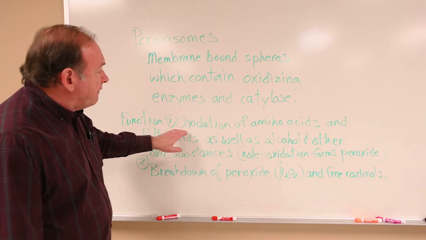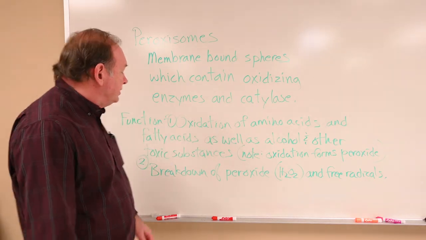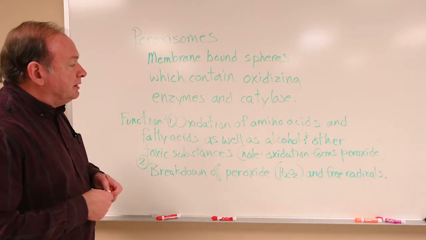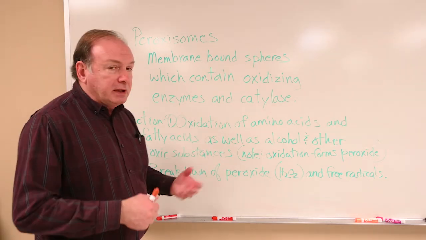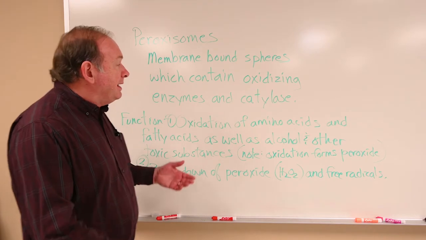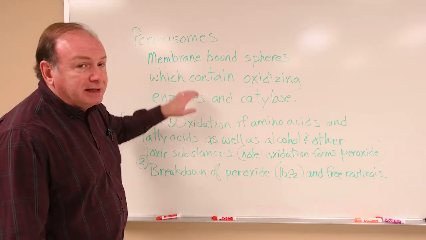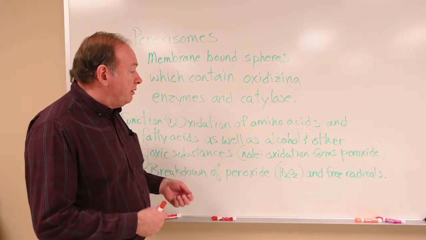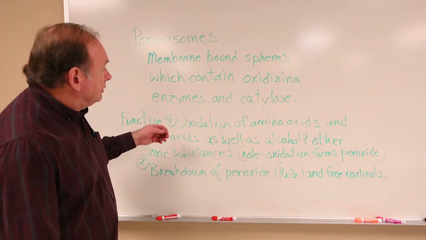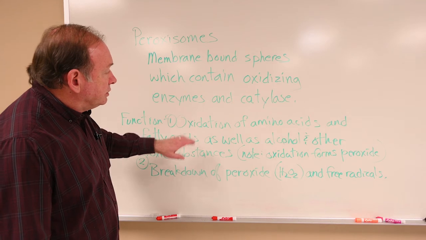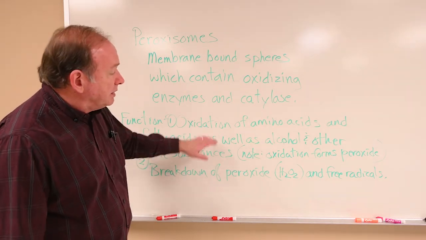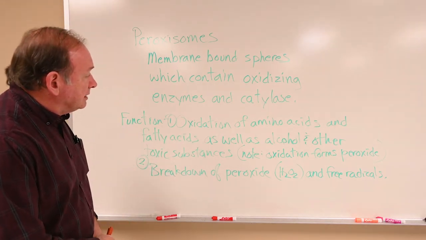Functions, though, it's very vital to oxidation of amino acids and fatty acids, as well as alcohol and other toxic substances. So there are a lot of things that need to be broken down by the oxidizing enzymes within the cell. It's necessary for life of the cell, this oxidation process, this breaking down process of amino acids and fatty acids.